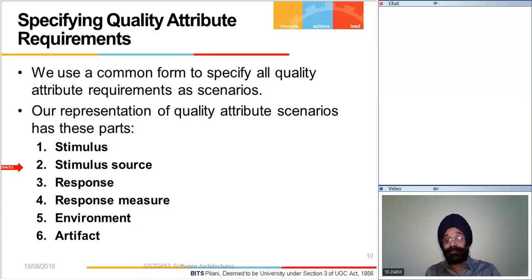So, if the artifact is a platform, how does it respond to a stimulus? Well, say you're talking about a hardware platform. The hardware platform may be running an operating system.